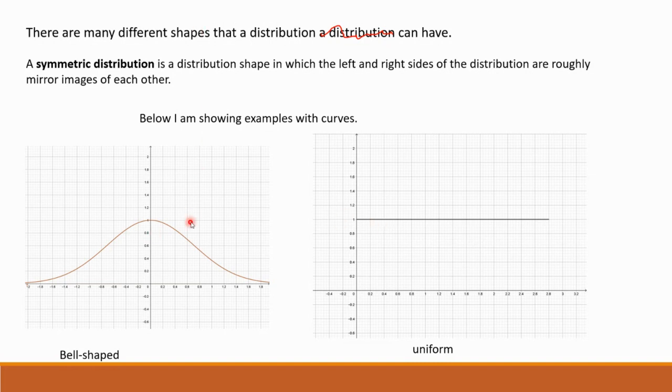I mean, these happen to be, because here it looks like the center would be the y-axis. Here, I'm not sure exactly what the center would be, but whatever the center is, if you were to fold these distributions about it, they would be mirror images of each other.